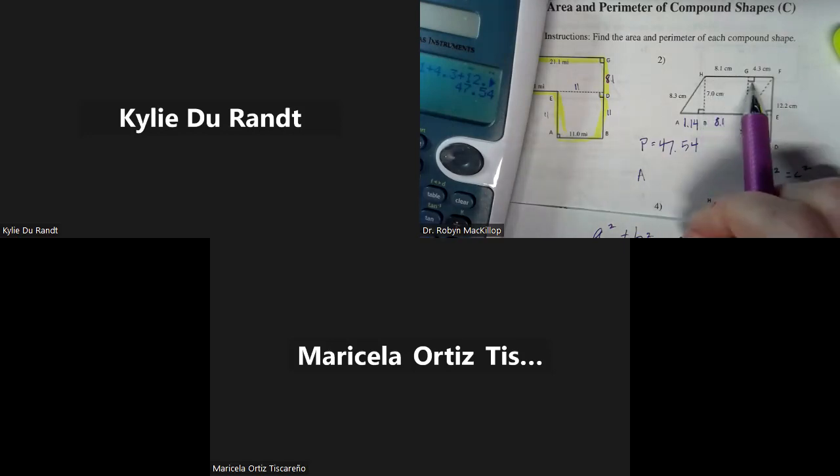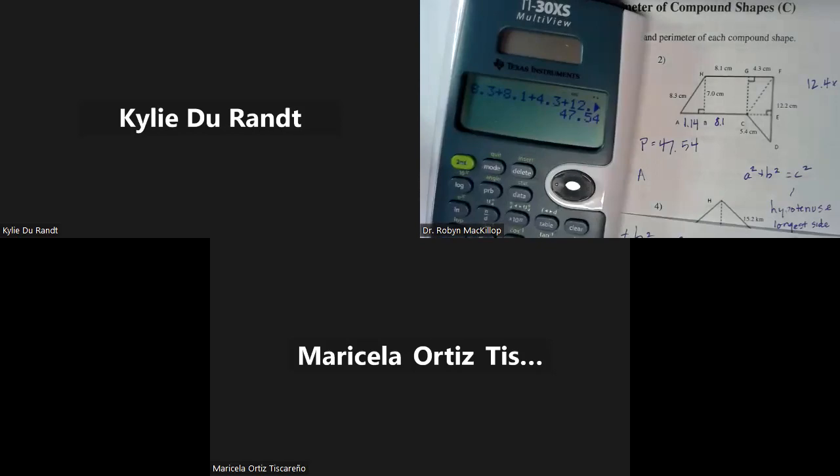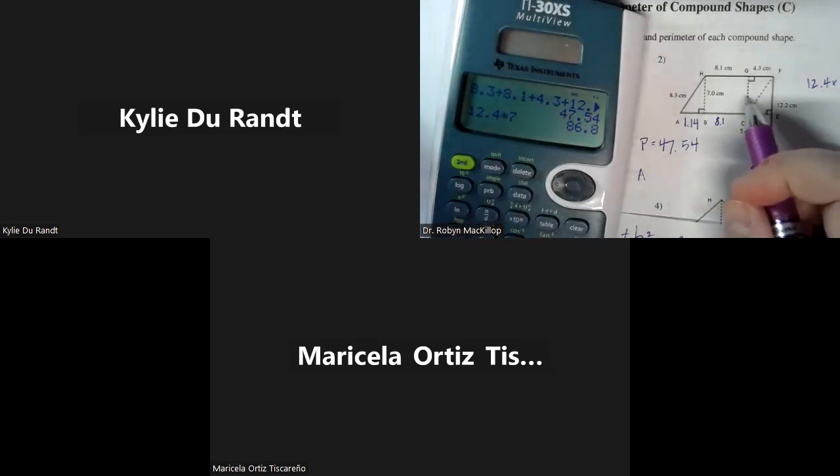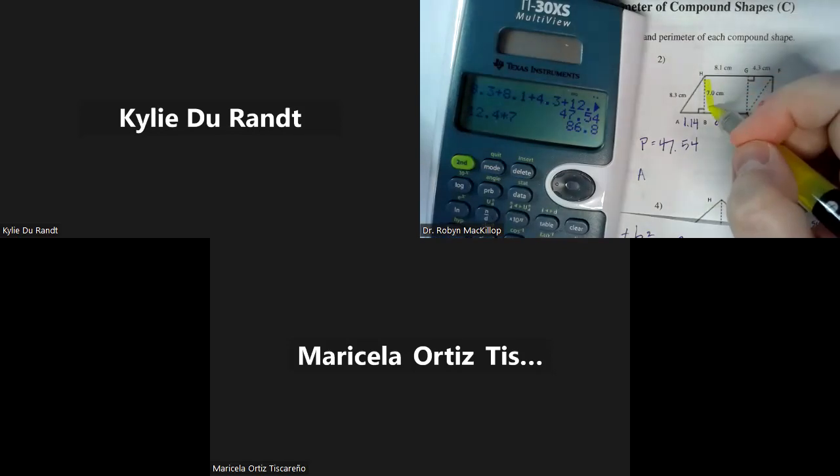So 8.1 plus 4.3 is 12.4. That's the length times the width, which is 7. And I have to use a calculator for that because I have no idea what that would be. 12.4 times 7. So the area of this rectangle is 86.8. So we have eliminated all of this.